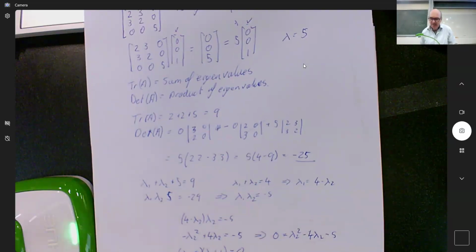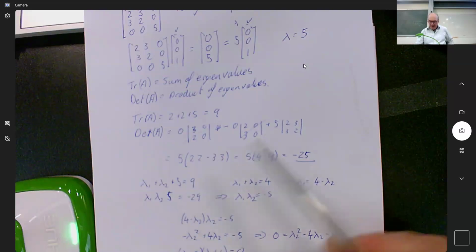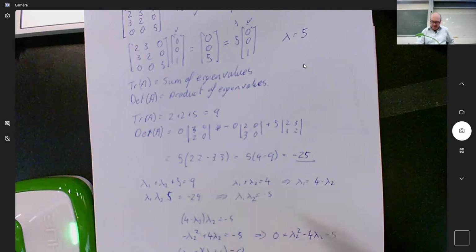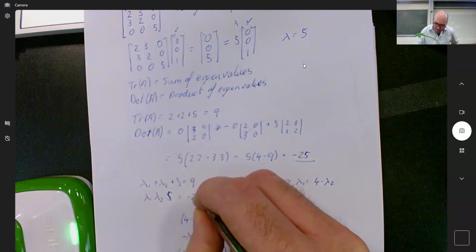Can't help feeling like I made a mistake there somewhere. Did I? Pause momentarily. Plus 4, did that right. Did that right. We're going to change that so that it says 25 like I meant to.